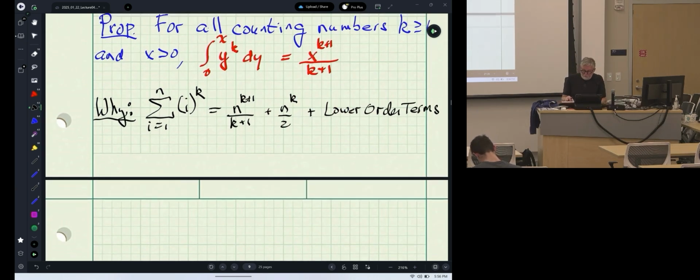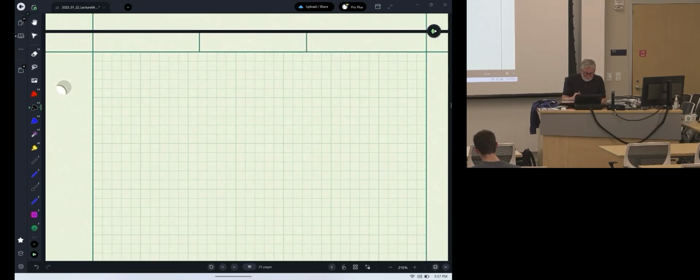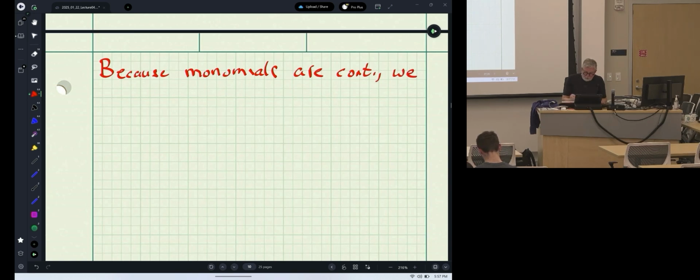Okay, now, because monomials are continuous, we know the Riemann integral exists.